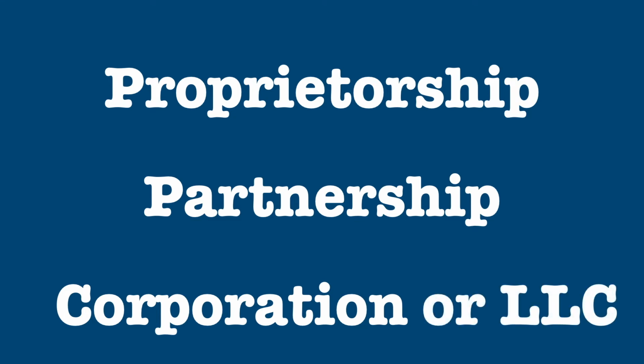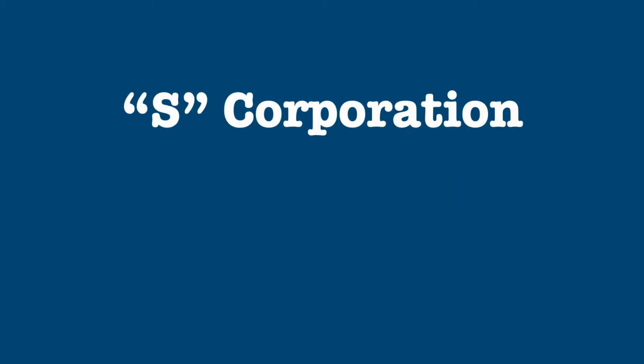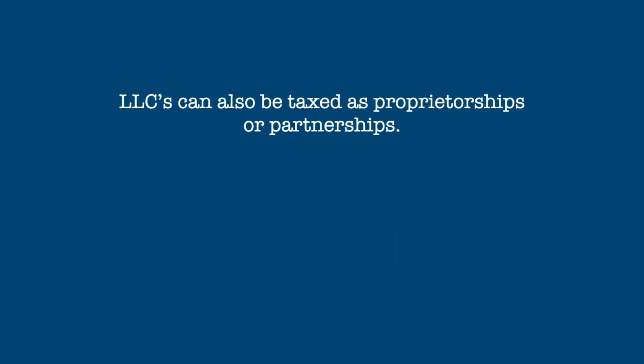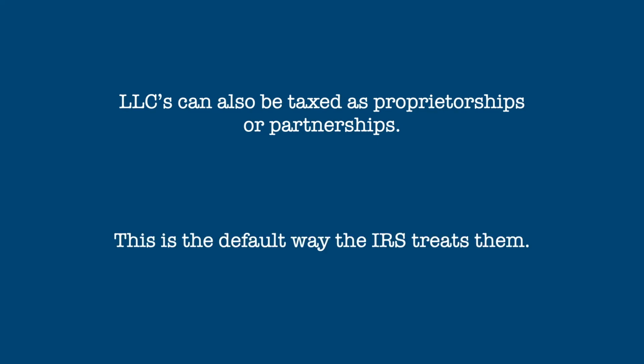For corporations and LLCs, you can elect for tax purposes to be either an S corporation or a C corporation. LLCs can also be taxed as sole proprietorships or as partnerships. In fact, unless you elect otherwise, this is the default way the IRS will treat your LLC.